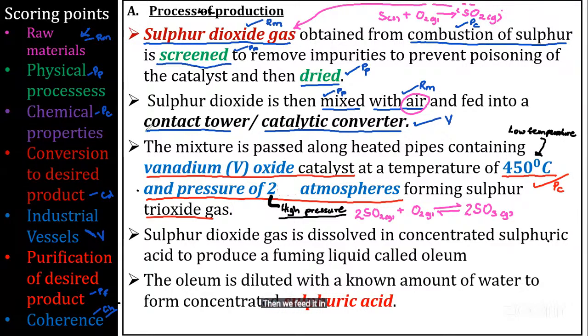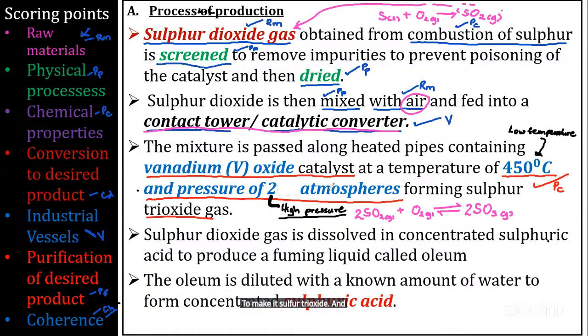Thereafter, we mix it with air, so air becomes another raw material. Then we feed it in a vessel. You are allowed to use at least one of the two. You either call it a contact tower or you call it a catalytic converter. One of the two statements gives you a vessel. Then we proceed by converting the sulfur dioxide we've made to make it sulfur trioxide.